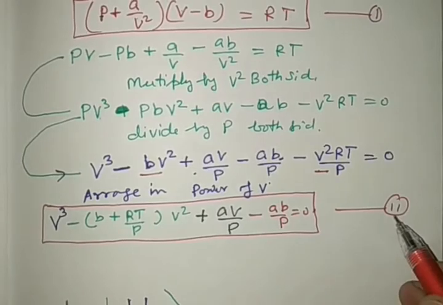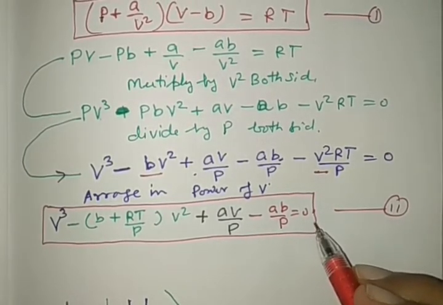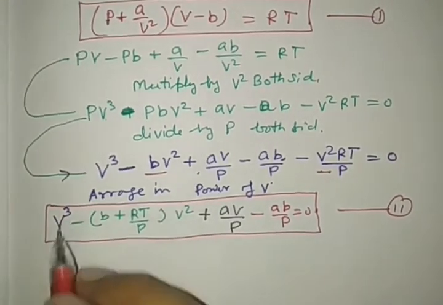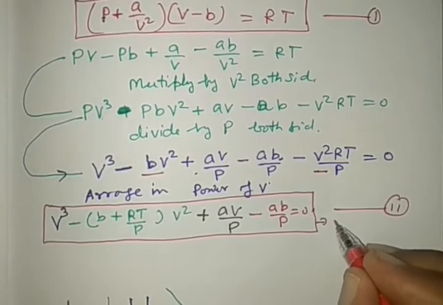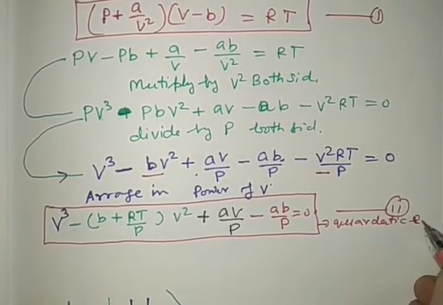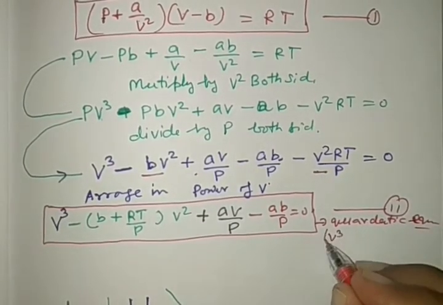Equation 2 is the form of the van der Waals equation in powers of V. It is a cubic equation having V to the power 3.